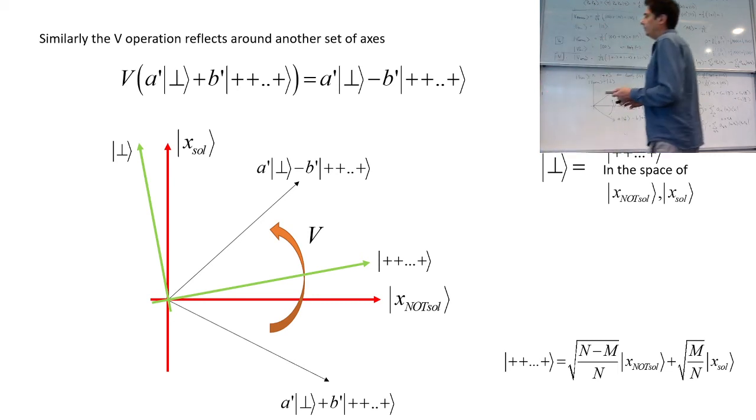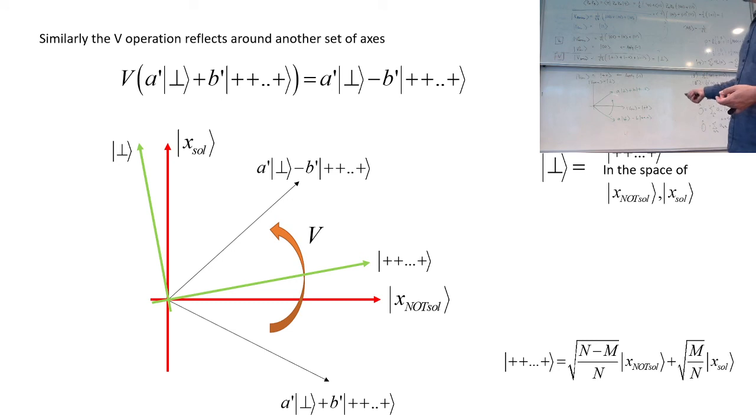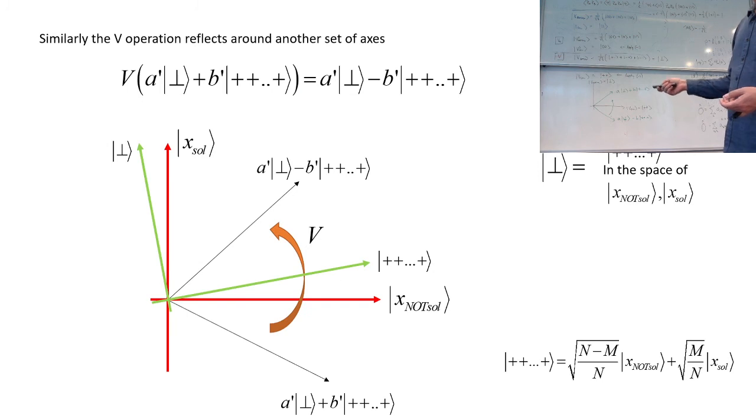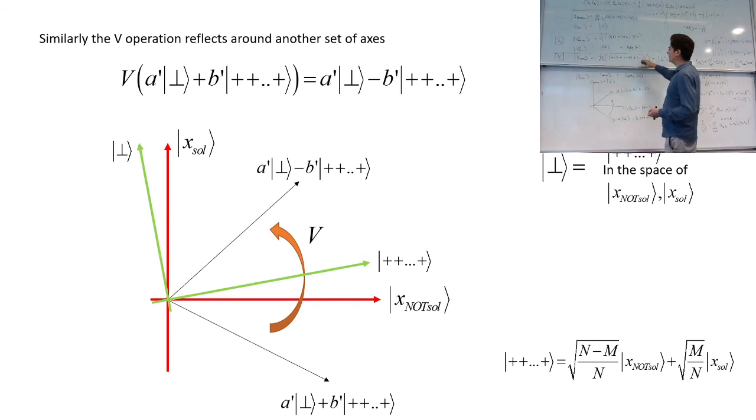So you can draw these two things on the same figure, because this plus state, this axis, turns out it's actually quite close, but not exactly the same as this one. And you can already see it here, because this state plus plus is actually 0, 0, 0, 1, 1, 0, 1, 1.